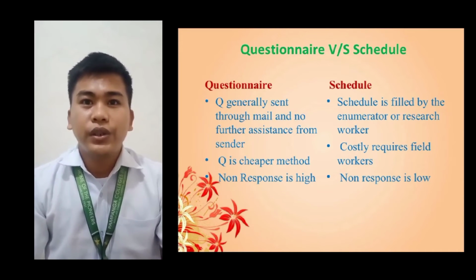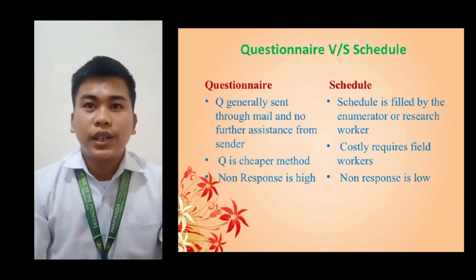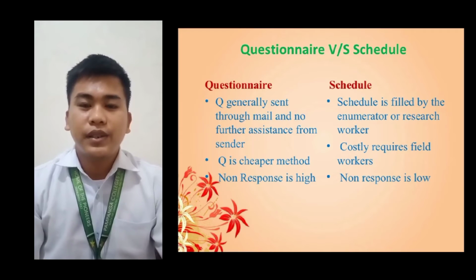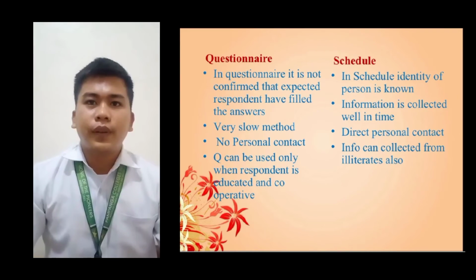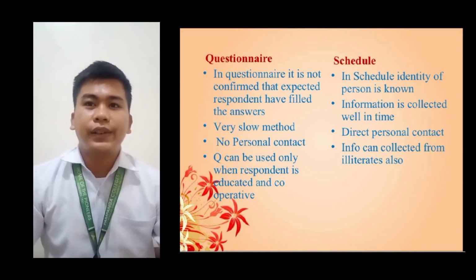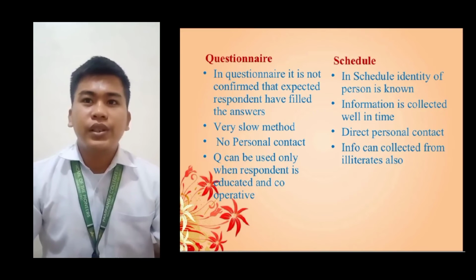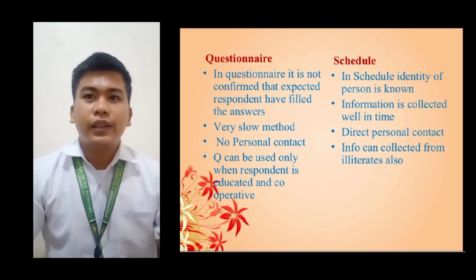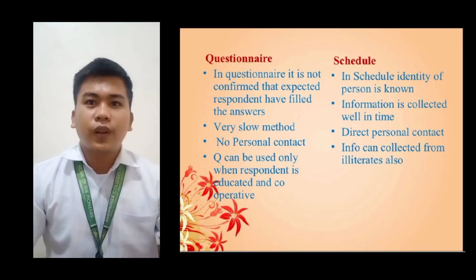In questionnaires non-response is high, while in schedule non-response is low. In a questionnaire, it is not confirmed that the expected respondent has filled the answers. In a schedule, the identity of the person is known.